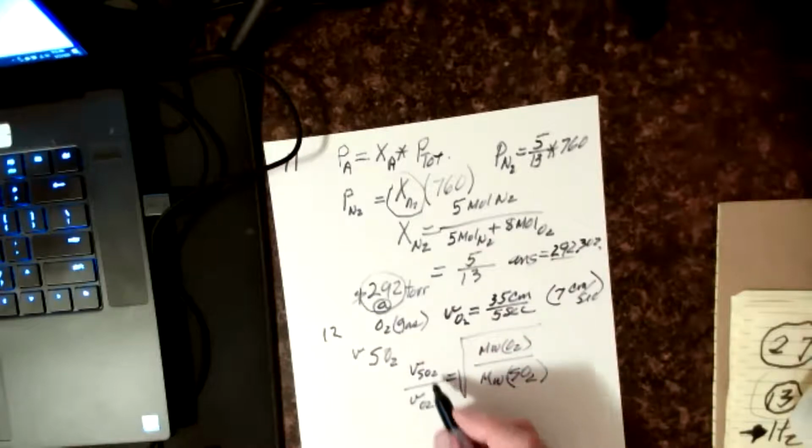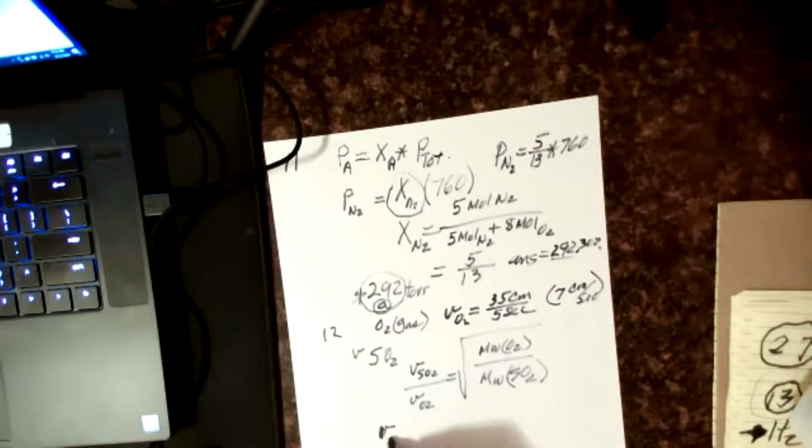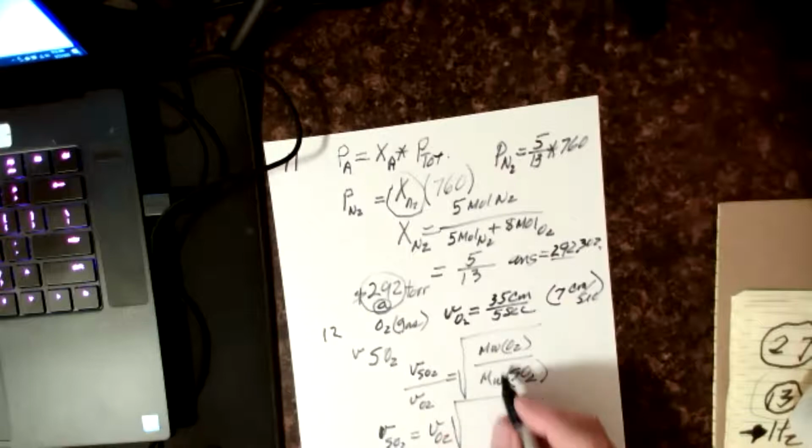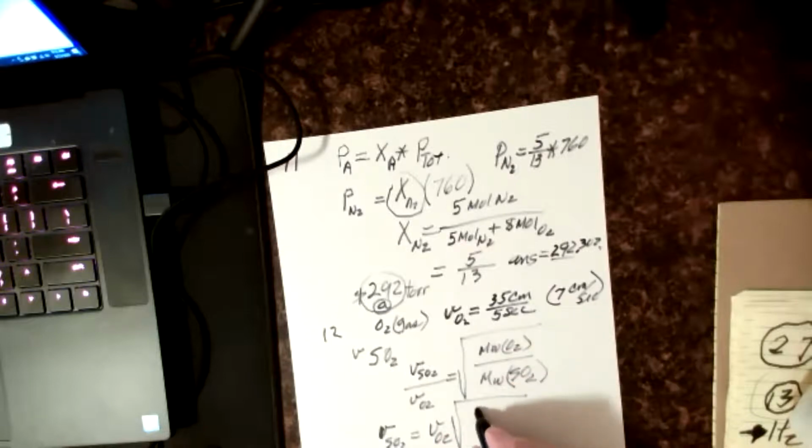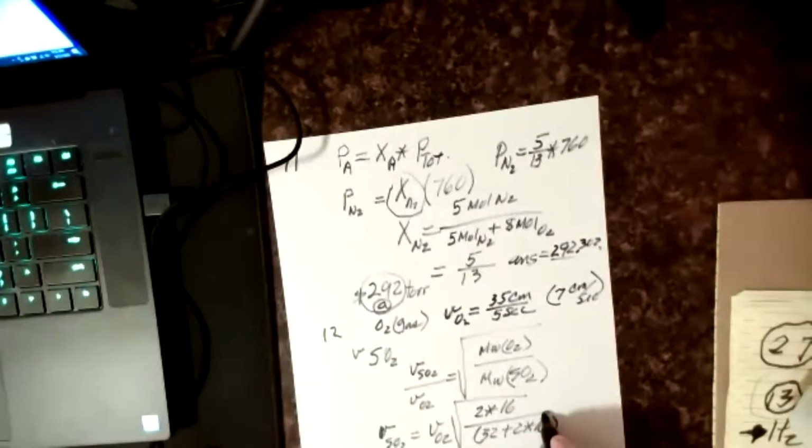Now I can solve for the velocity of SO2. Velocity of SO2 would be equal to, multiply through by the velocity of O2, the velocity of O2 times the square root of, molecular weight of O2 is 2 times 16, 32. Molecular weight of SO2 is 32 plus 2 times 16.